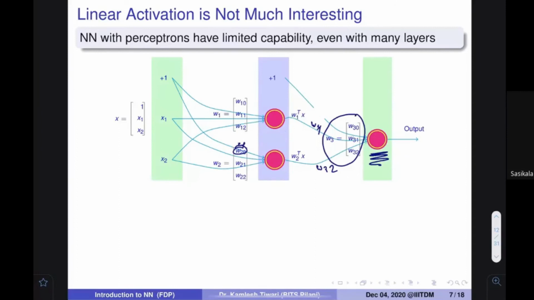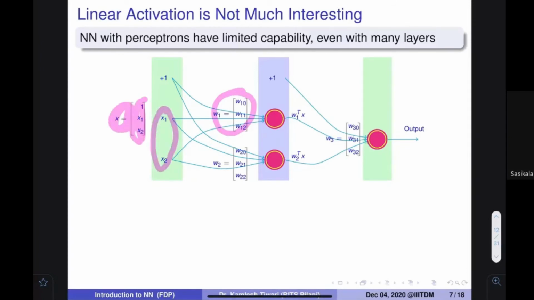These are the weights, and therefore what is the output here? If x is the input, then the output is w transpose x. As we have told you, if x is input and w is the weight, output is w multiplied by x. Transpose is just the right kind of transformation to find the values.